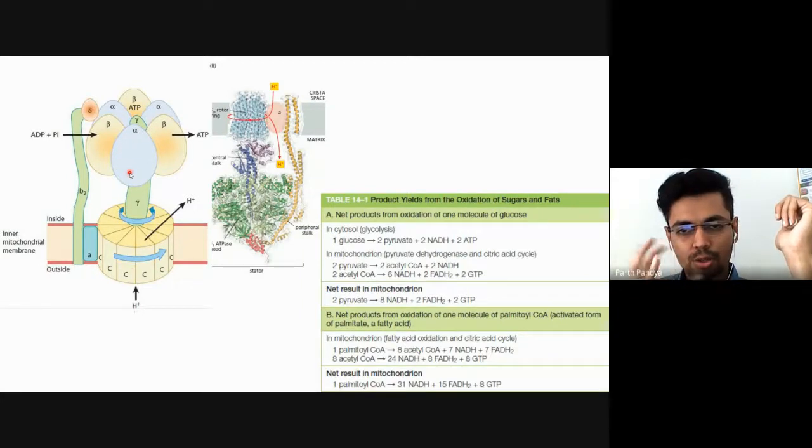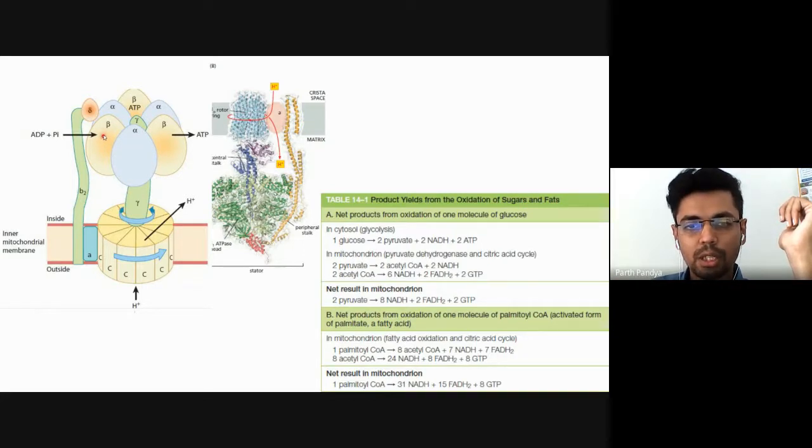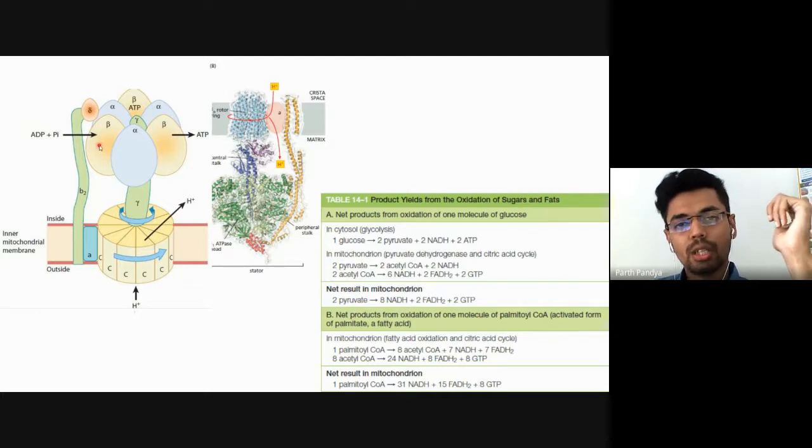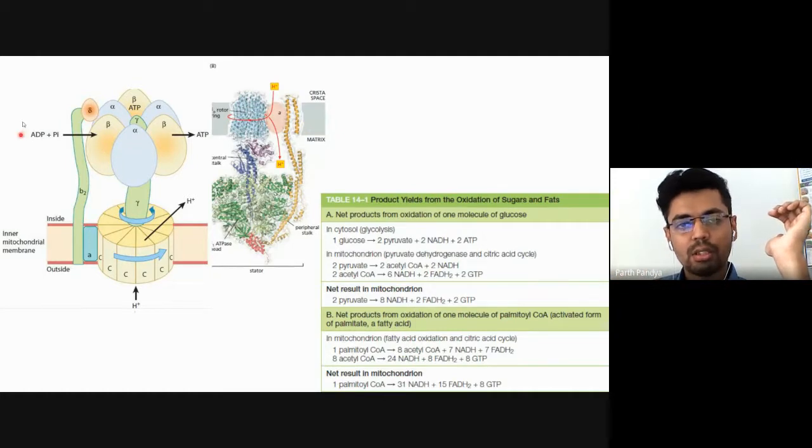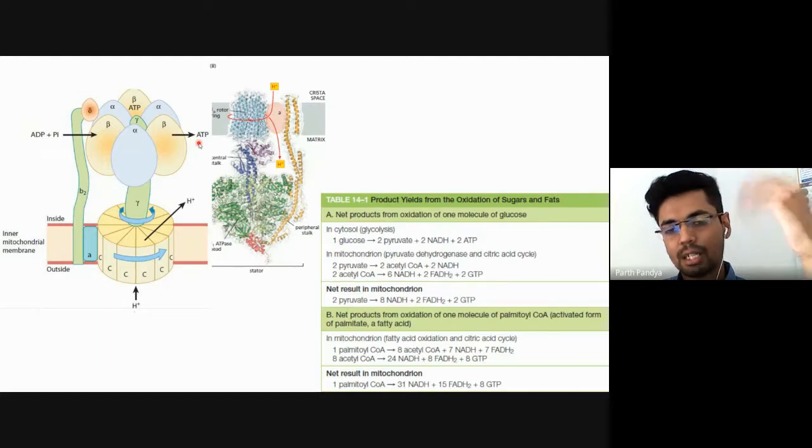Once the gamma subunit of the F1 moves, the ADP and Pi in the beta subunit slowly and gradually come closer, the phosphodiester bond starts forming, and finally you get ATP formation in the beta subunit. Once the ATP is formed, it is liberated out, and that ATP can be used by the cell.